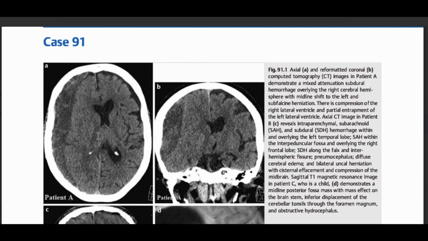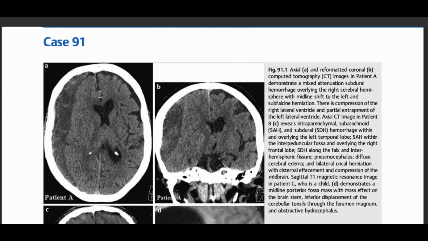These are axial and reformatted coronal CT scan images of patient A. They demonstrate mixed attenuation subdural haemorrhage, because it is not convex, it is concave, overlying the right cerebral hemisphere, with midline shift to the left and subfalcine herniation.